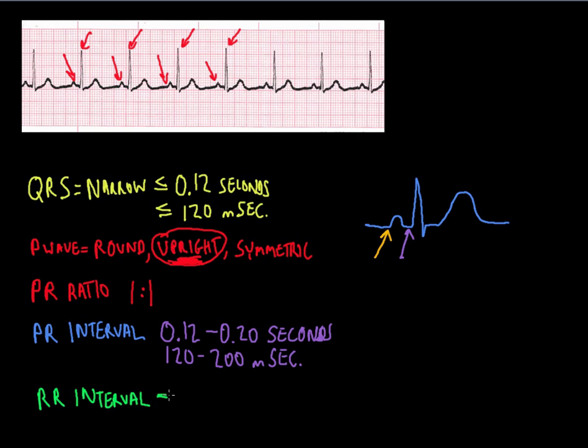I don't care that much at this point. That'll help me determine my rate, and it'll give me some other really good information. But for the moment, what I'm interested in is whether the distance is consistently the same. So for the R to R interval, hopefully this green is going to show up on this rhythm. Not great, but you can kind of see what's happening.